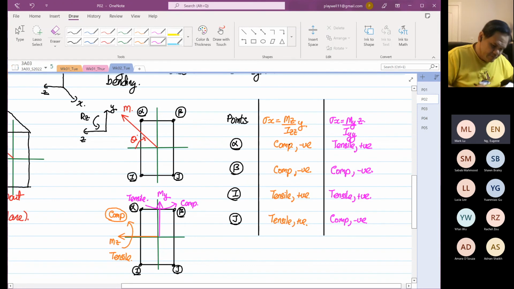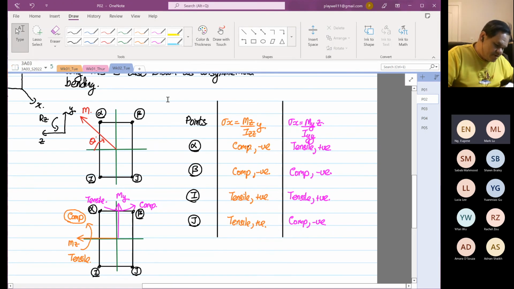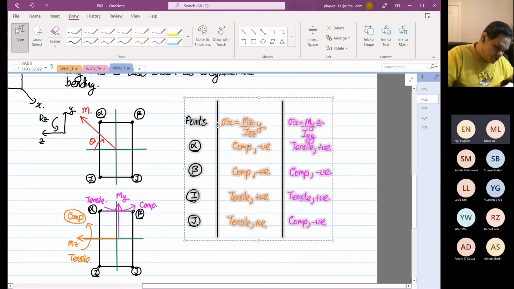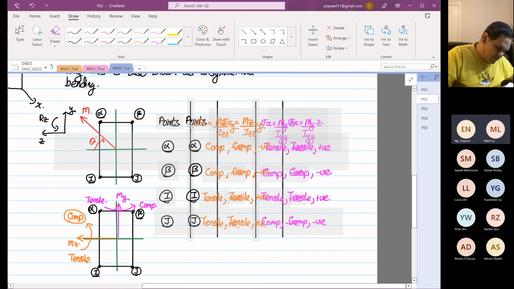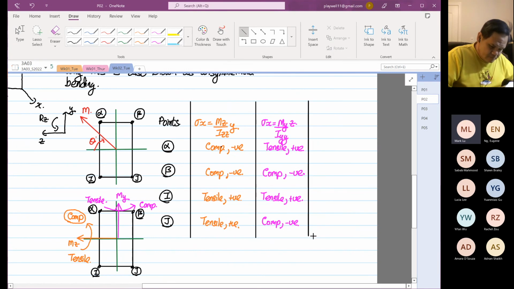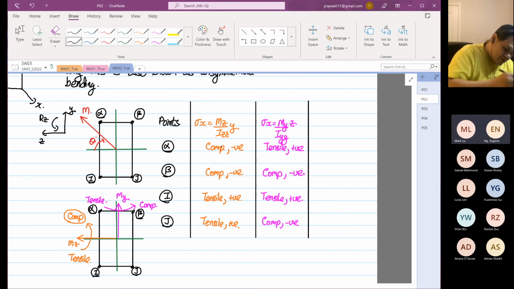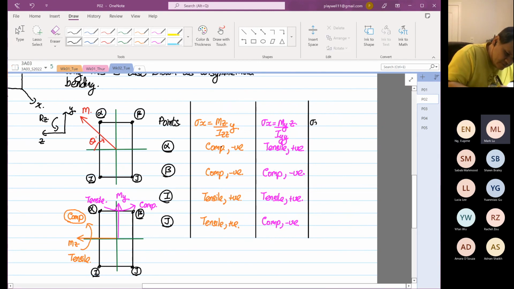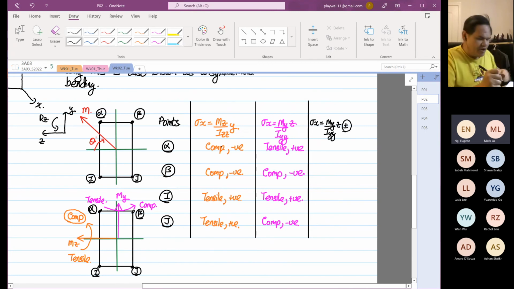So what we can see down here, if we were to combine the formulas together, stress X is equal to My over Iyy, and Mz over Izz multiplied by y. I'm not so worried about plus or minus down here, because based on the moment vectors we already know whether it is positive or negative.